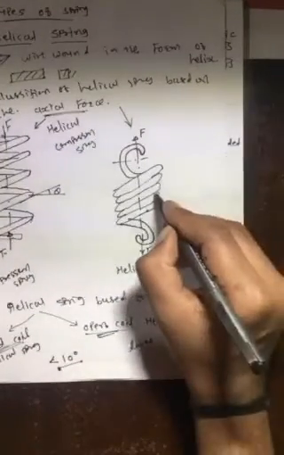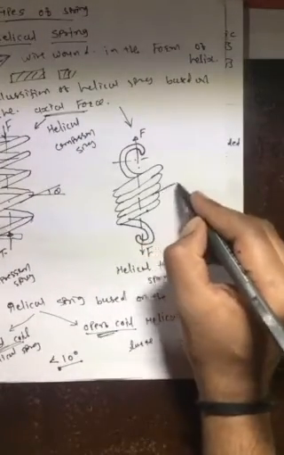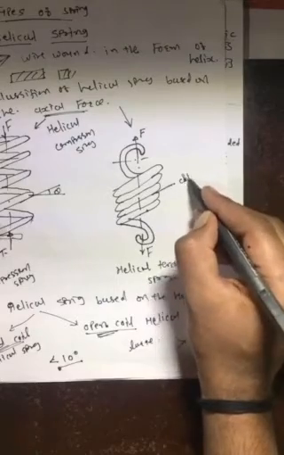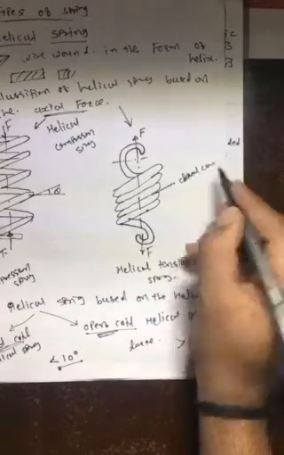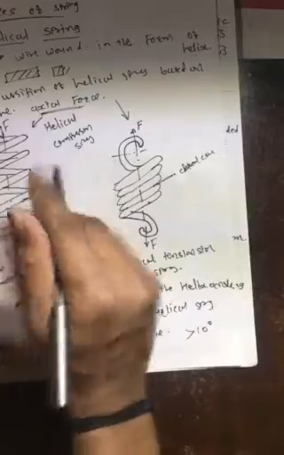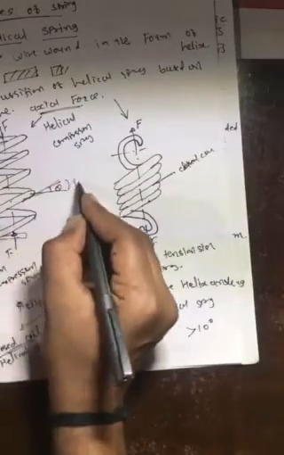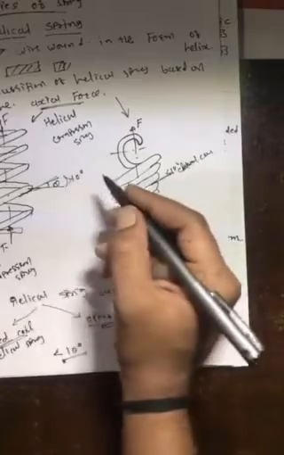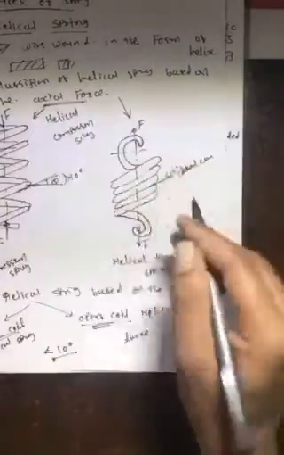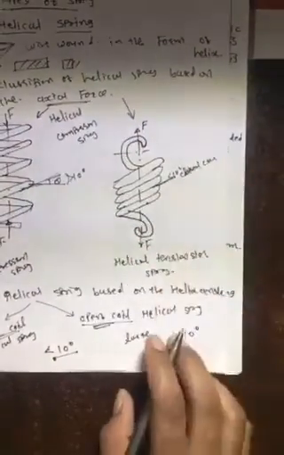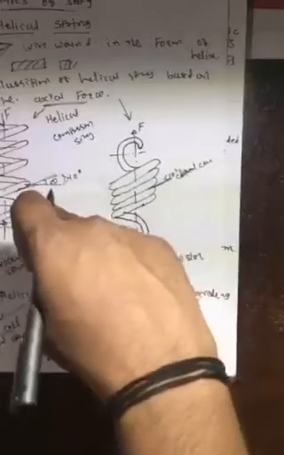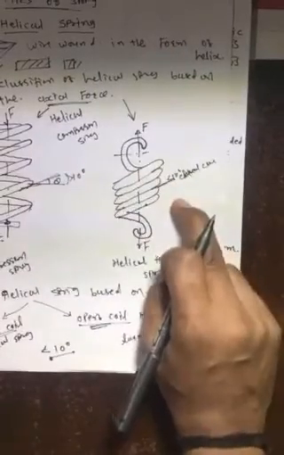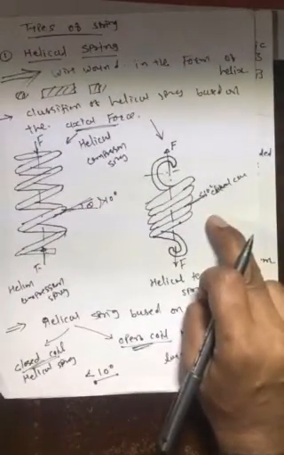Like this spring is closed coil and this one is open coil, because the helix angle is more than 10 degrees here and less there, and the gap between consecutive coils is large here and small there.